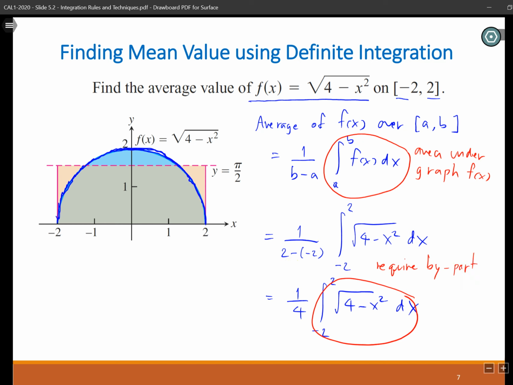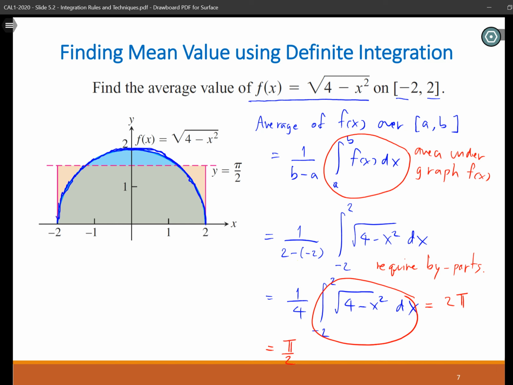But we are not there yet. So I'm just going to give you the numbers that it's going to come out to be by using by parts. All right. So after using by parts, this red area is going to come out to be equal to 2 pi, which means that in the end you have this pi over 2.